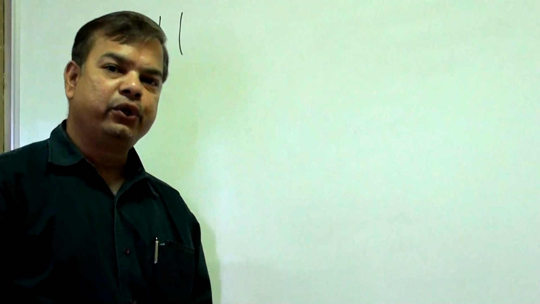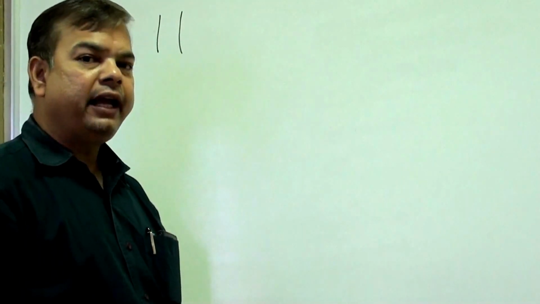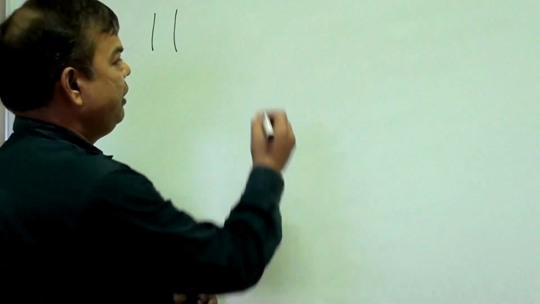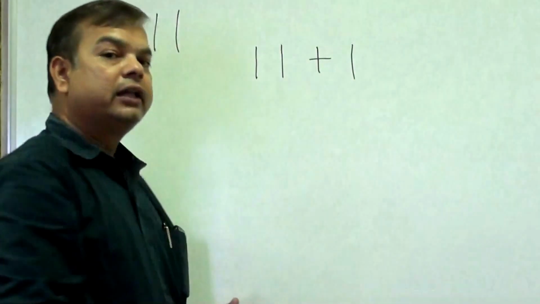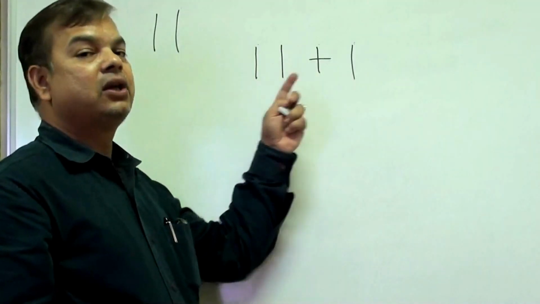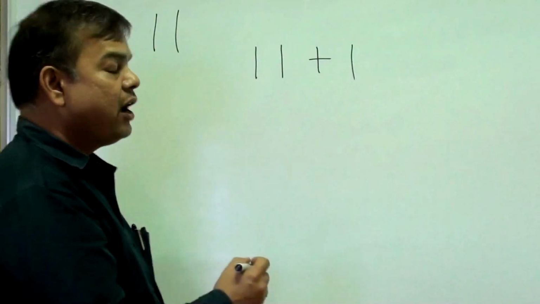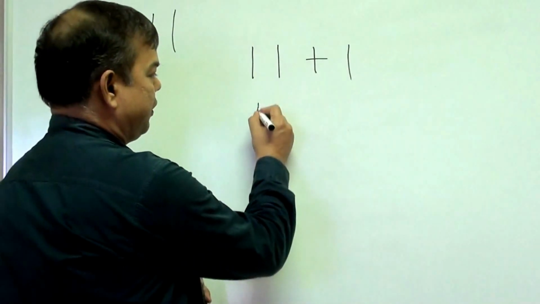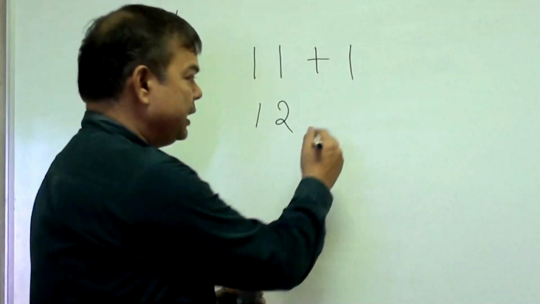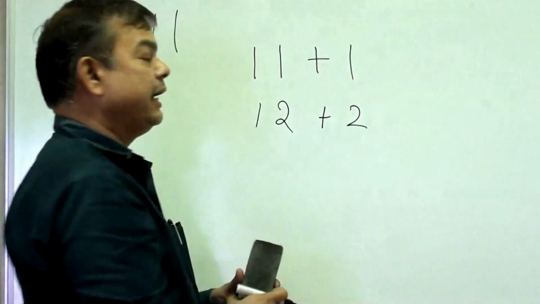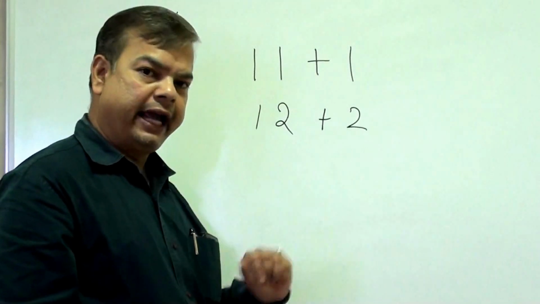Now 11, as you know, is very close to base, that is 10. So writing 11 in Vedic maths, we have to write 11 plus 1. That means 11 is 1 more than 10. Now let us see how to write 12. 12 can be written as 12 plus 2. That is 12 is 2 more than 10.